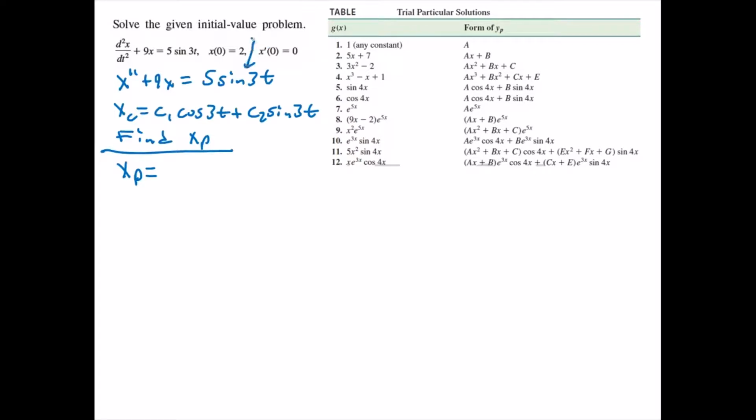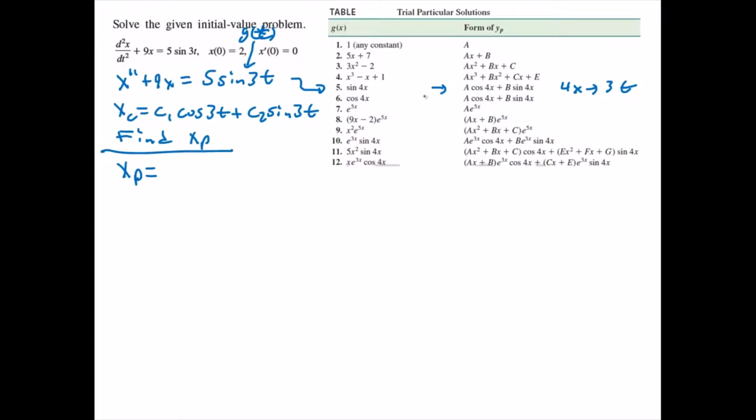Well, g of x is this function, 5 times the sine of 3t. In this case, it will be g of t. So the closest thing appears to be this sine of 4x, where of course we'll have the sine of 3t. So it appears we'll need something of this form, a times the cosine of 4x plus b times the sine of 4x, where of course 4x will be 3t.